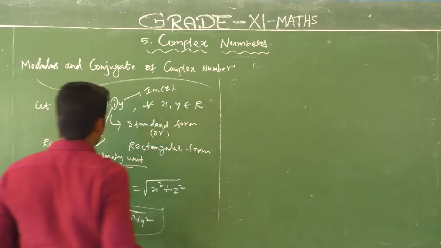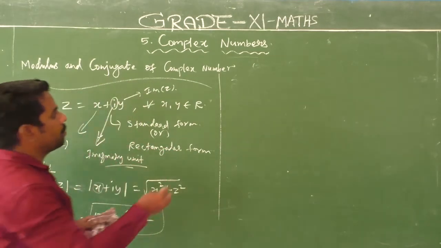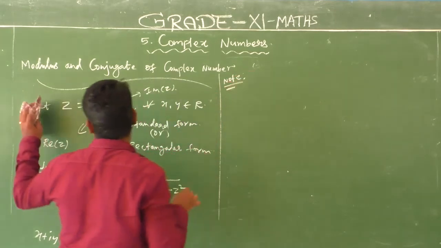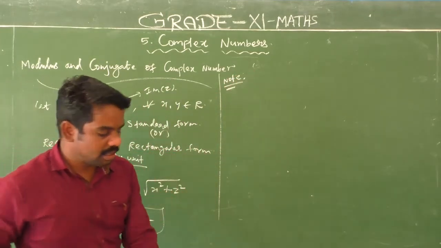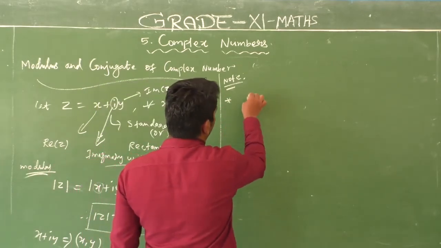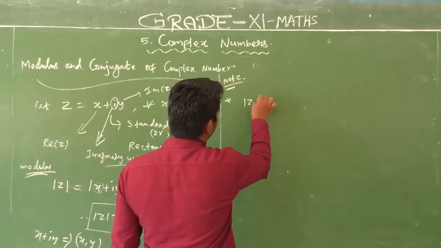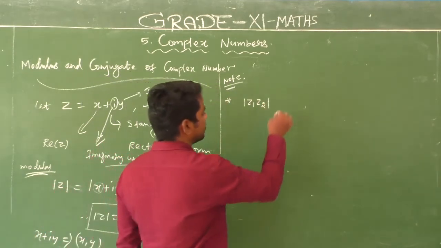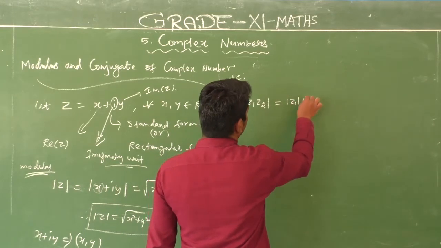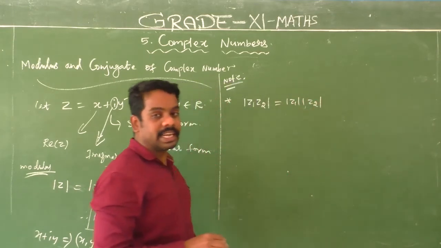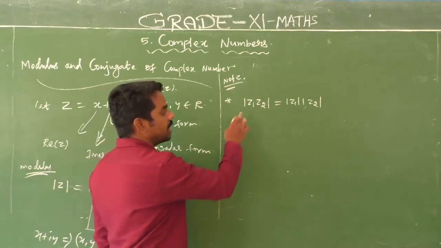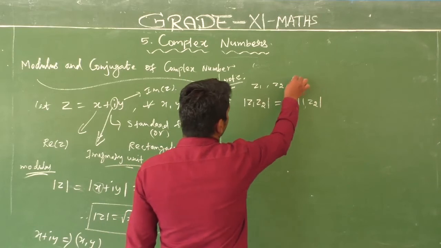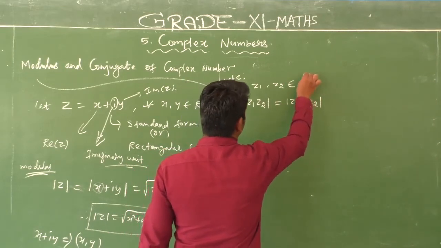Next, some property notes on modulus and conjugates. First one: the modulus of z1 into z2 is written as modulus z1 into modulus z2, where z1 and z2 are complex numbers.